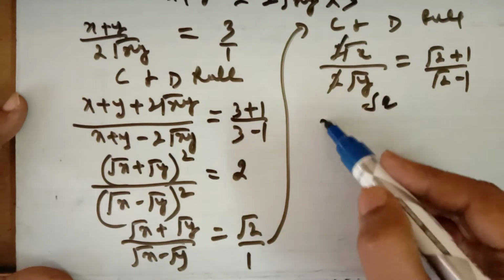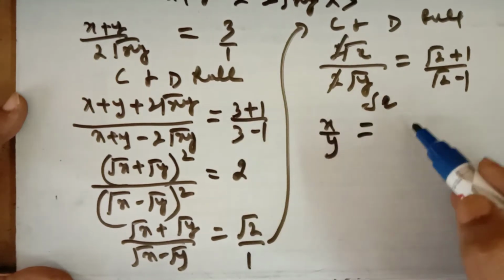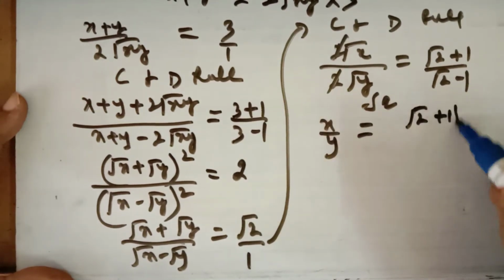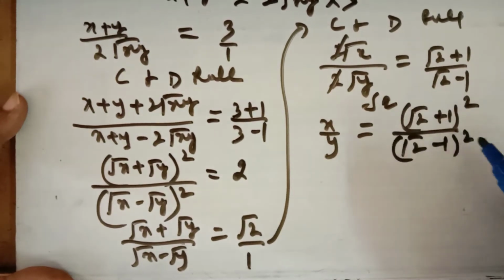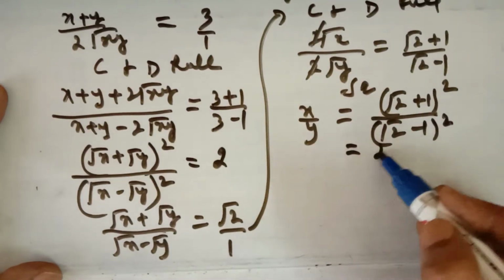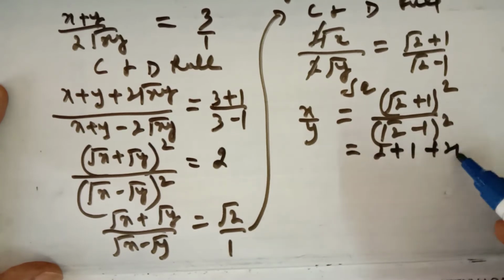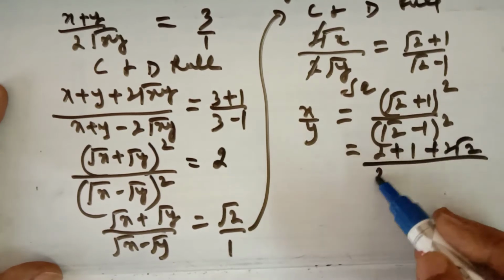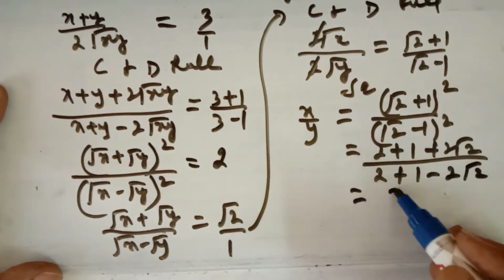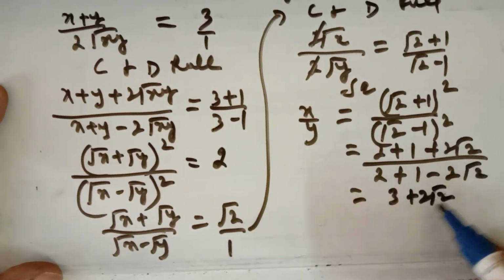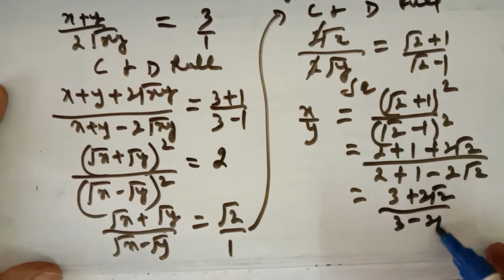The 2s cancel out, and squaring both the sides, x upon y equals root 2 plus 1 whole square upon root 2 minus 1 whole square. When you find the whole square, it will be a square plus b square plus 2ab. Similarly in the denominator, a square plus b square minus 2ab. So it is 3 plus 2 root 2 upon 3 minus 2 root 2.